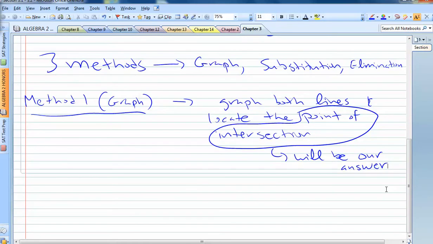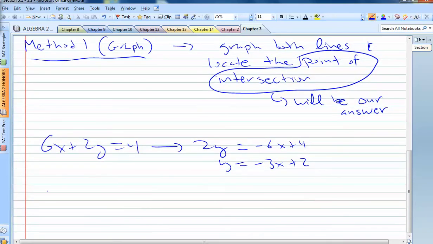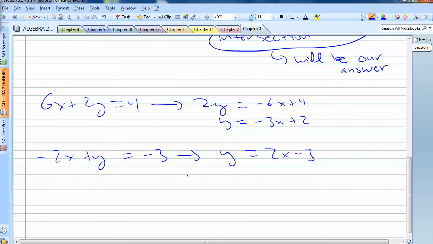So if you look at 6x plus 2y equals 4, that should be easy to graph. You first want to get y by itself. So see how that's in slope-intercept form. And for the next equation, do likewise. And then we graph.